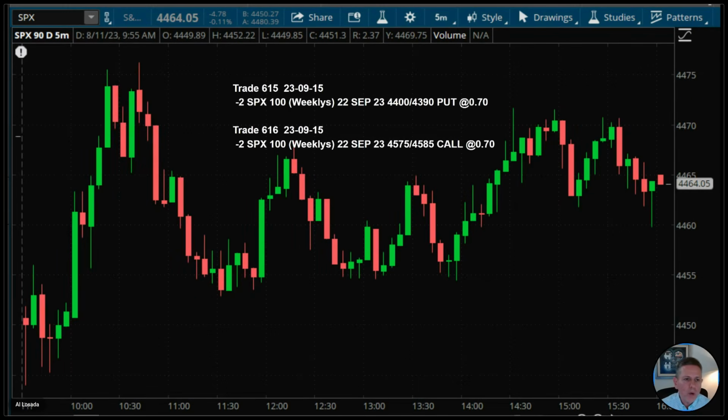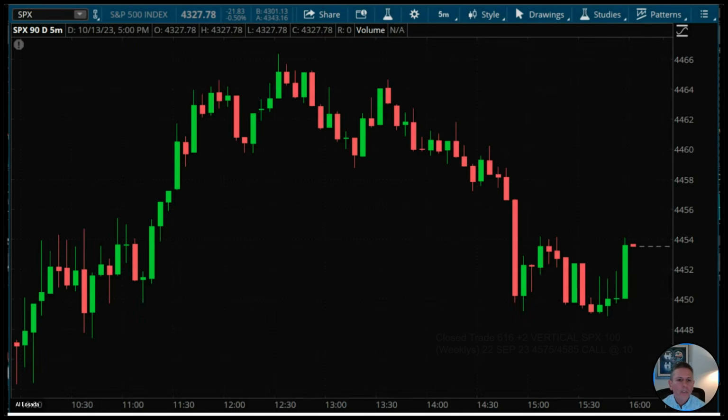Number one, we put on a trade at 6:15, so it's a $70 put, and then a call spread for $70, right? And so you got a $1.40 premium on this position.